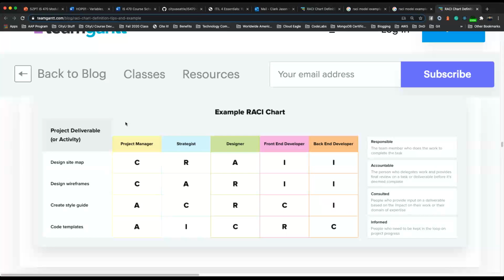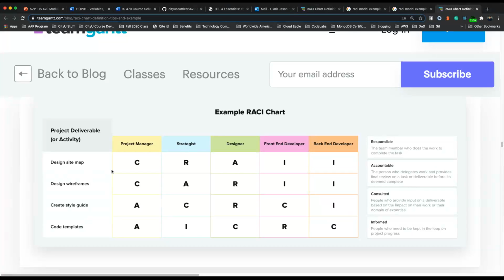You basically consult the project manager, right? And then the strategist is responsible, and the designer is accountable, and the front end and back end developers are only informed. The reason for that is because they don't really need to work on that yet, right? But they do need to know it, right?